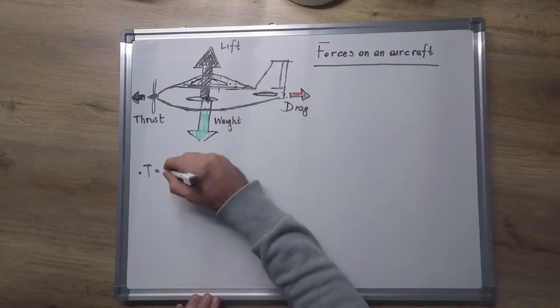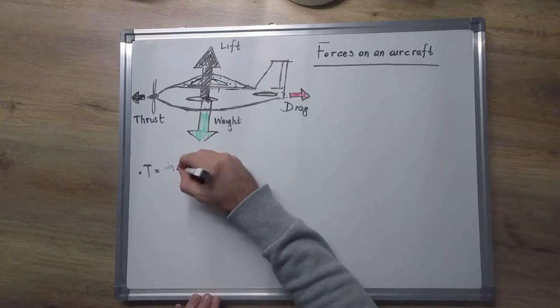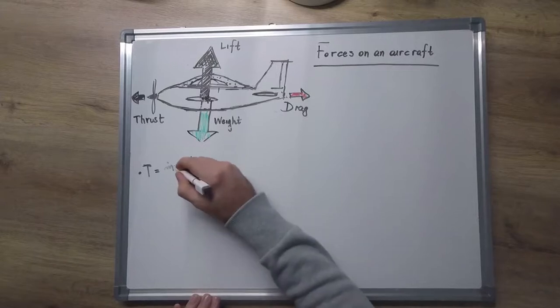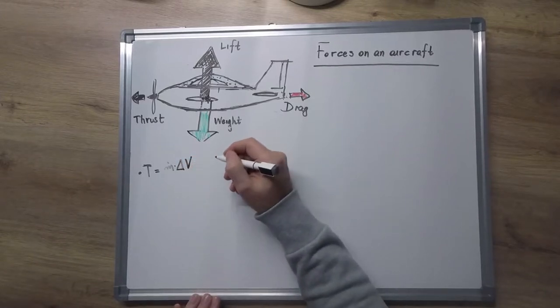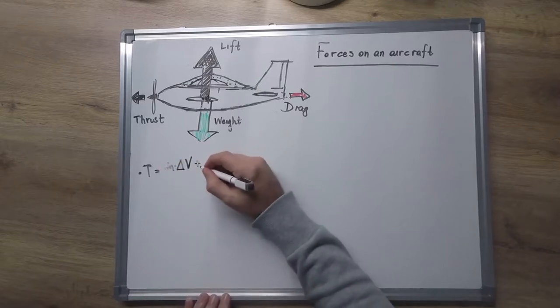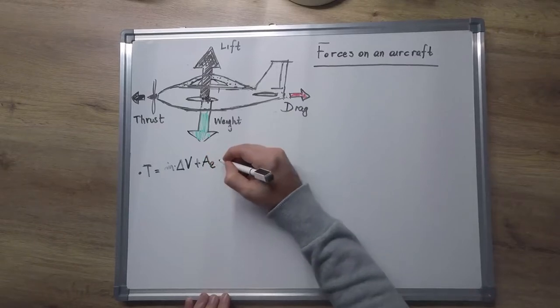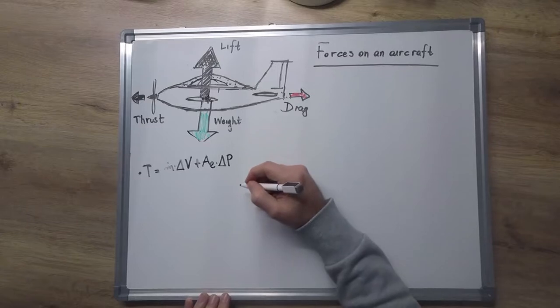First of all, it is the mass flow entering the engine multiplied by the change in velocity that the engine creates to the mass flow, plus the area of the exhaust surface multiplied by the change in pressure that the engine creates.